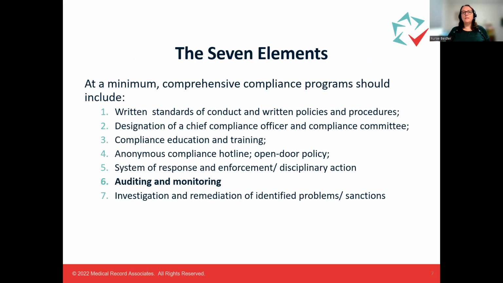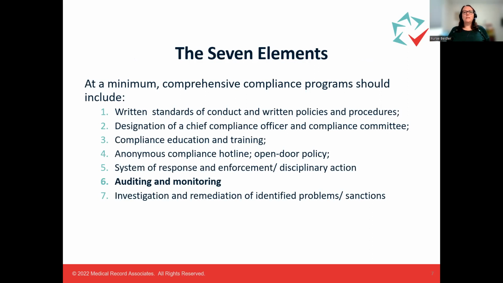The 7 elements, which are the minimum that the U.S. sentencing guidelines require for an organization to have an effective compliance program, begin with having written standards of conduct and written policies and procedures.